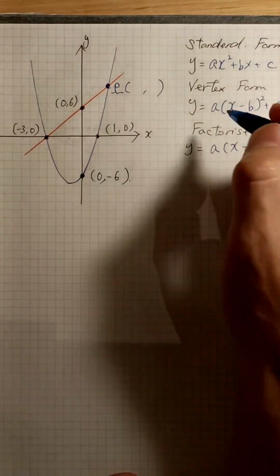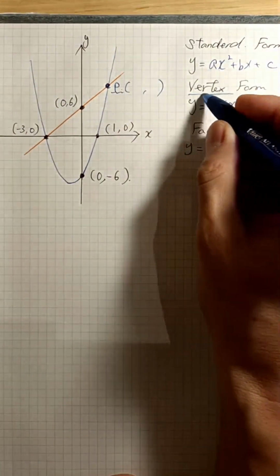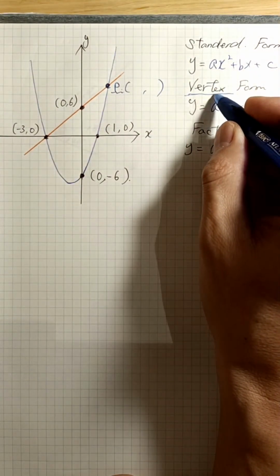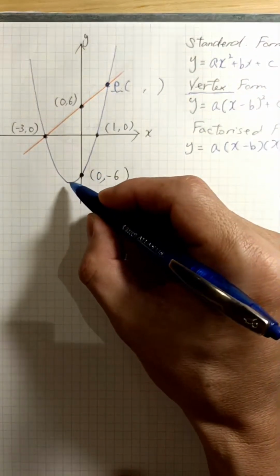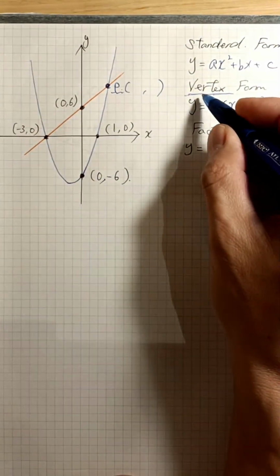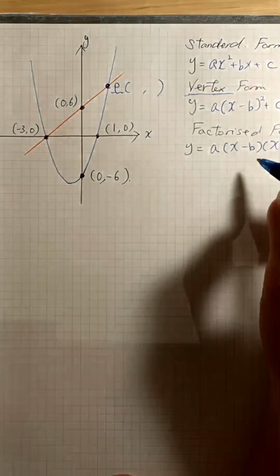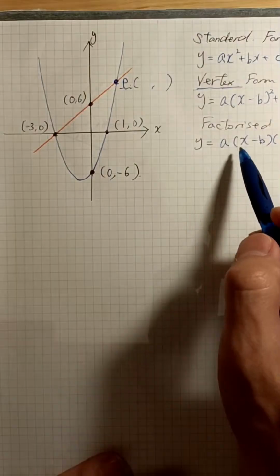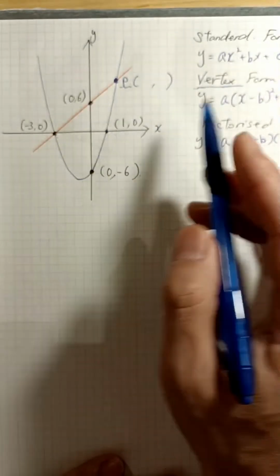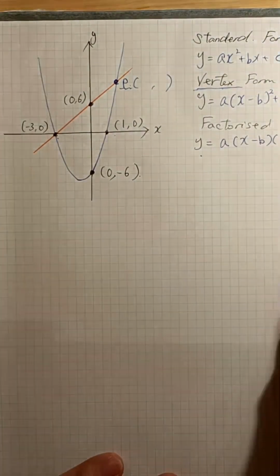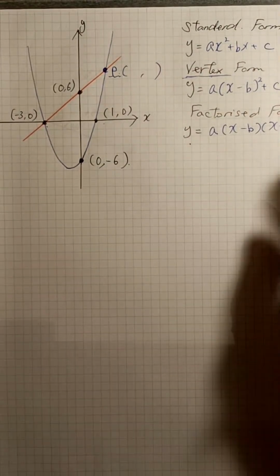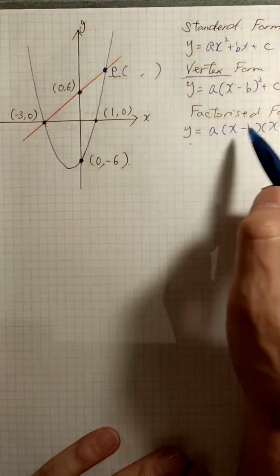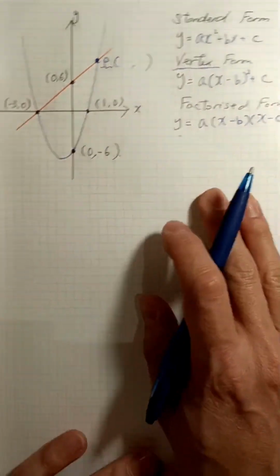Vertex means a turning point, which is a peak. If you know the coordinate of the vertex, you use that one, and if you know the x-intercepts, you use the factorized form. So for this question, you are using factorized form, okay?